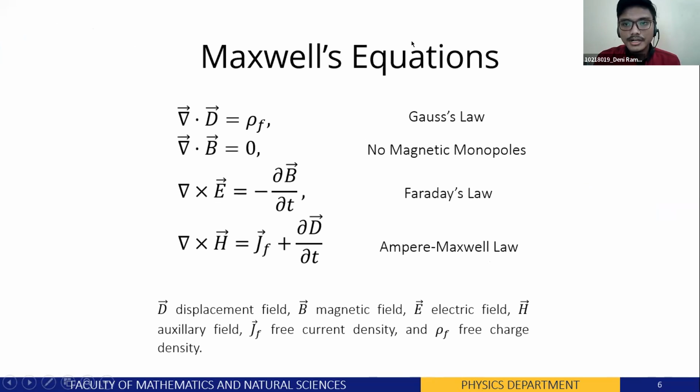In the Maxwell equations, there are 4 equations: Gauss law, no magnetic monopoles, Faraday's law, and Ampere-Maxwell law, with vector D the displacement field, vector B the magnetic field, vector E the electric field, vector H the auxiliary field, vector JF the free current density, and rho F the free charge density.